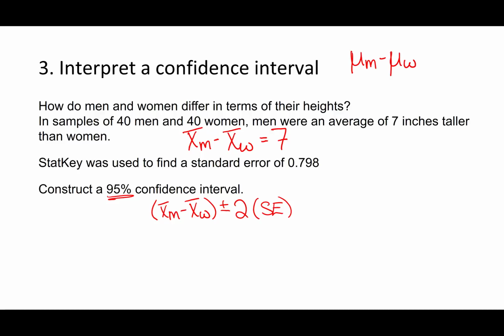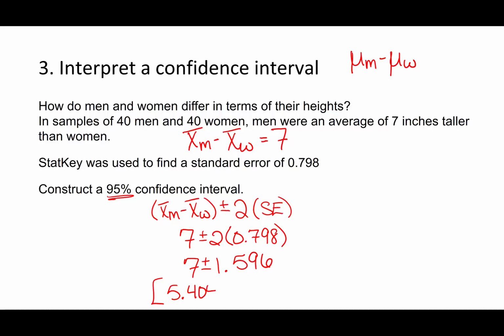Later, I'll show you how to find this standard error yourself. Our sample statistic of 7 plus and minus 2 times the standard error that we were given gives us 7 plus and minus the margin of error of 1.596 for a confidence interval of 5.404 to 8.596.